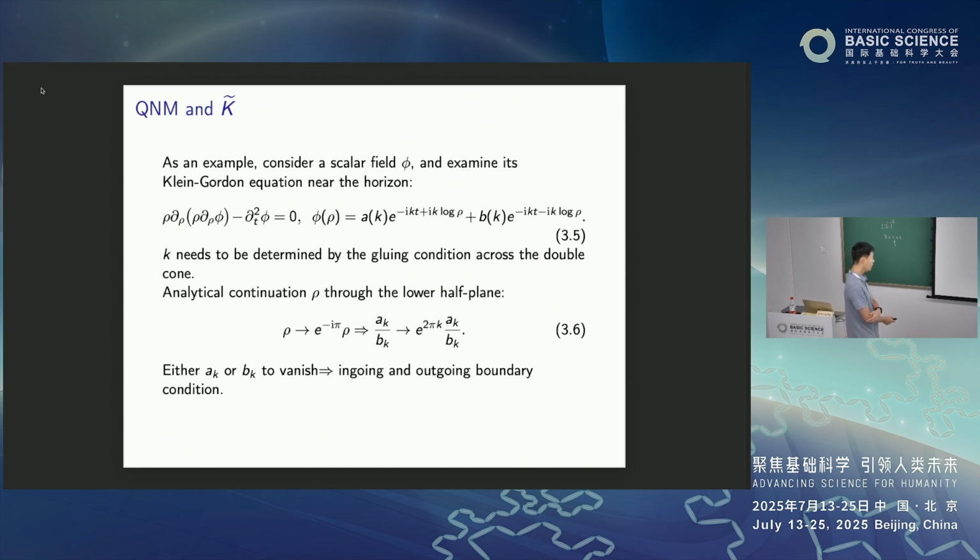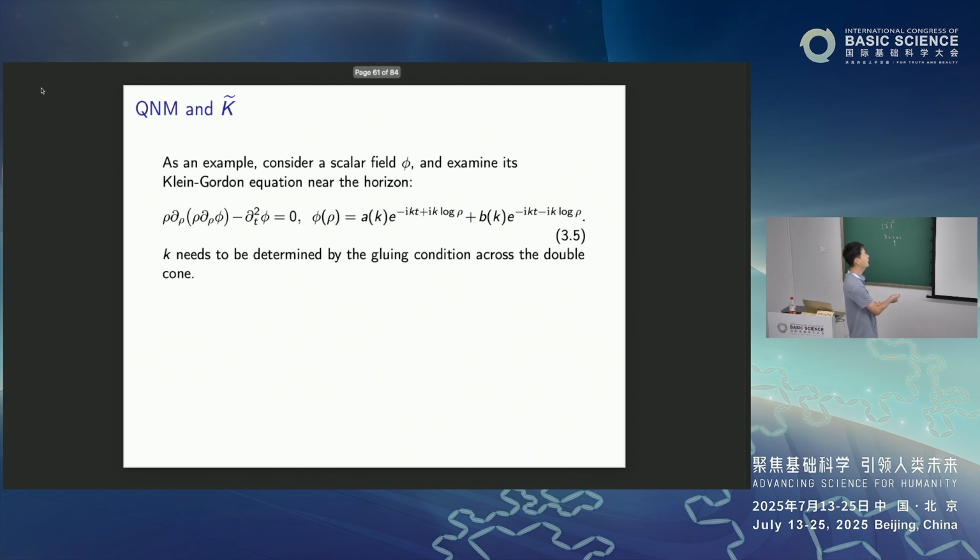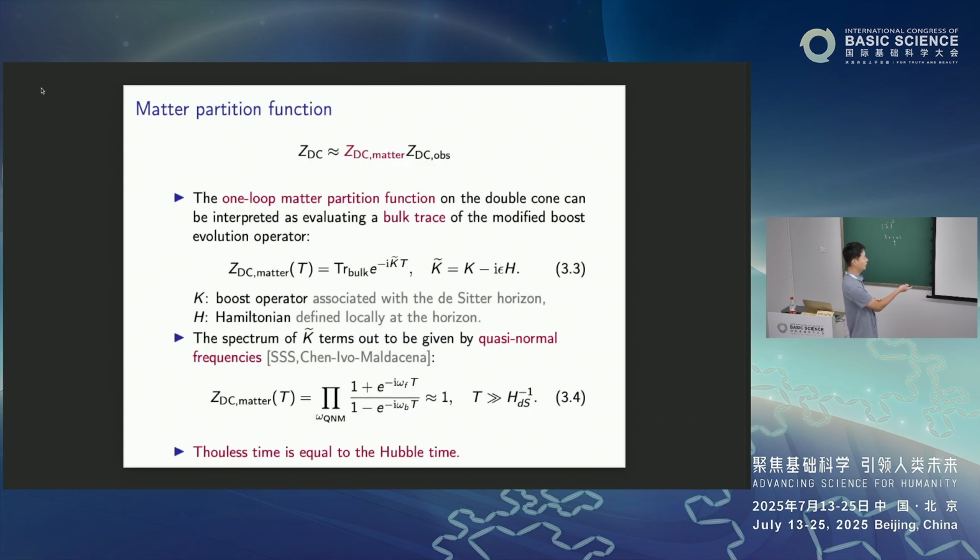So in order to be consistent, that requires either A_k or B_k to vanish. That defines ingoing or outgoing boundary condition for the static patch. And because of this boost operator k tilde, sorry, something I forgot to mention is that because of this iε description, this k tilde is a non-Hermitian operator.